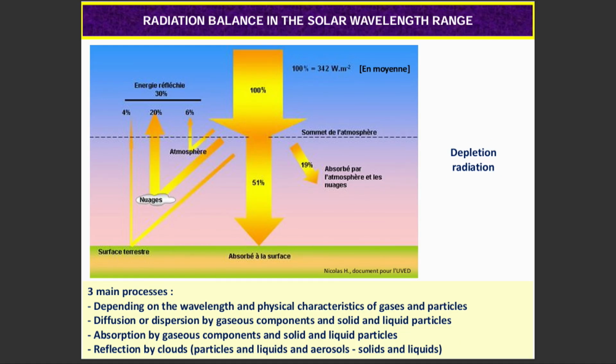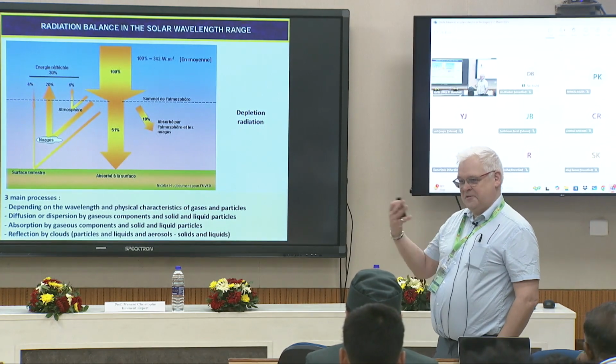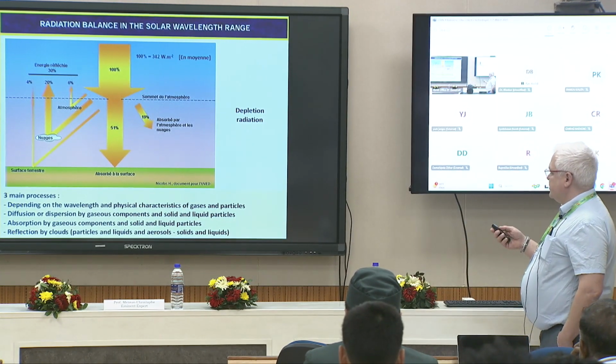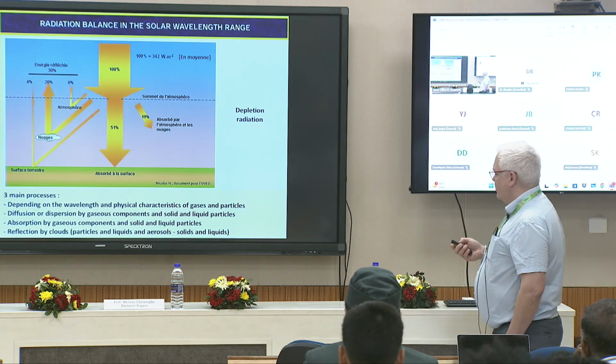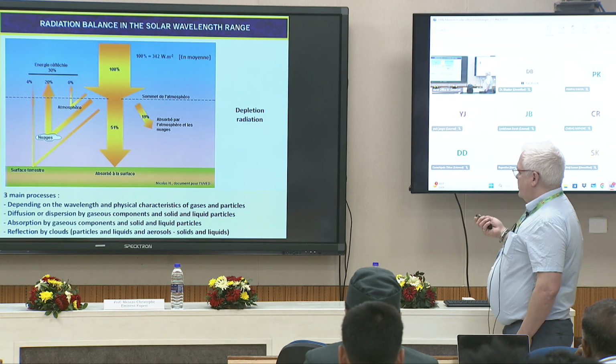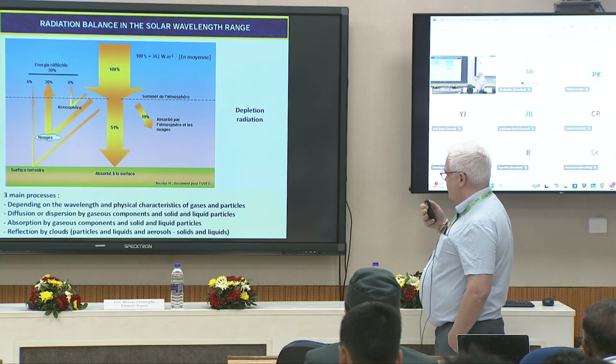So I will go on. What is arriving on Earth? As I said, the mean is 342 watts per square meter. Multiple phenomena are involved, but it's enough to warm up when there is the greenhouse effect. 50% of this energy is absorbed by the surface of the Earth. 20% is absorbed by the atmosphere and the clouds.